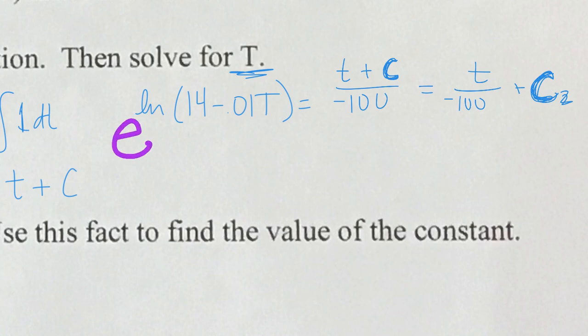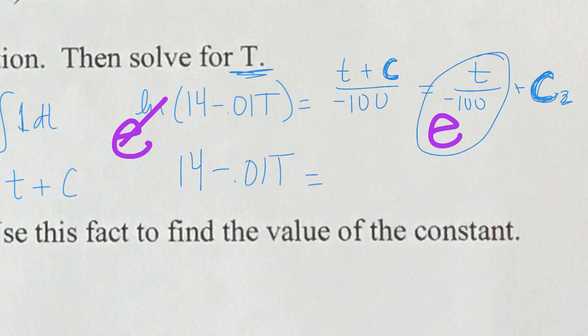So we're going to exponentiate both sides to get rid of our natural log. So 14 minus 0.01t equals e to the negative t over 100 times e to some other c.